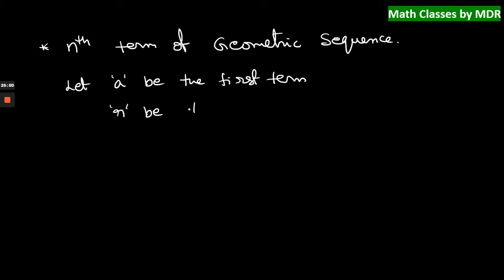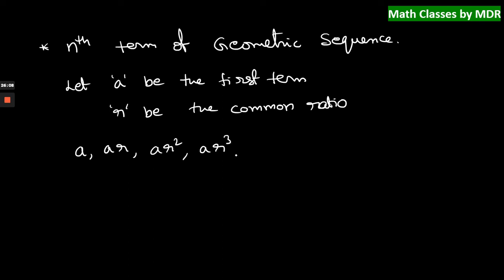So what is your geometric sequence in this case? A is the first term, the second term will be the product of A and R, then AR square, and then AR cube, and we'll go up to n terms, right?